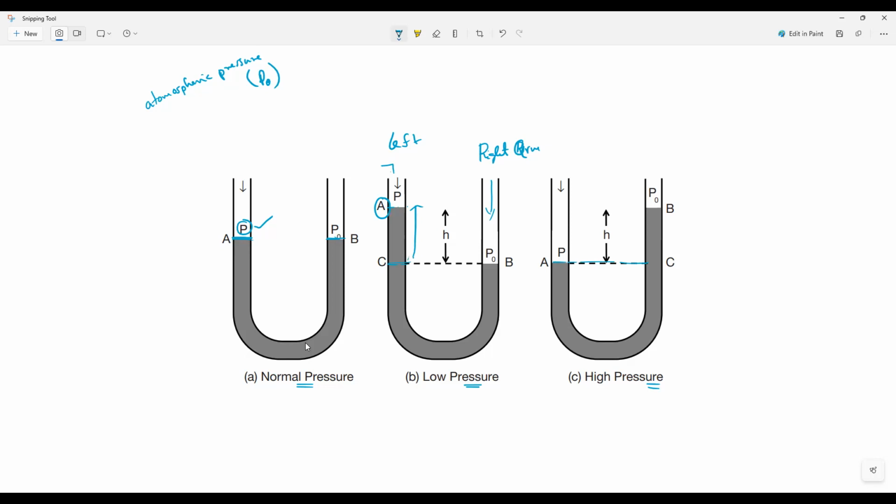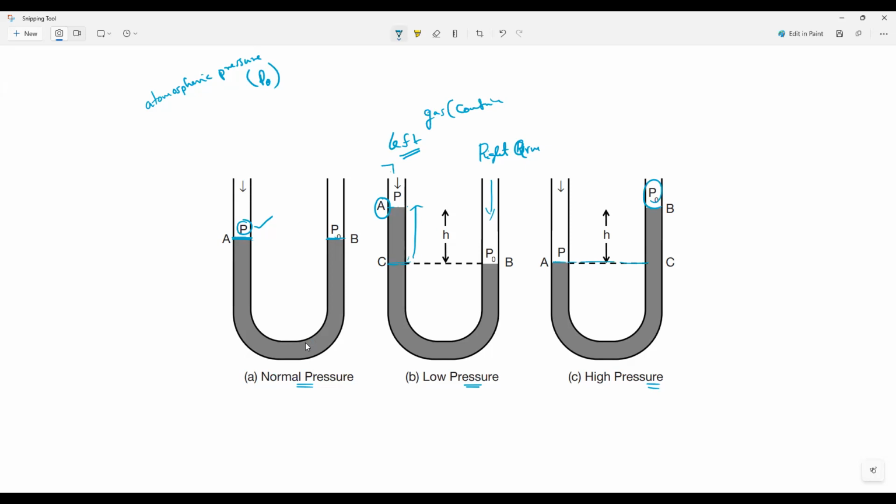If it is more than that, then the gas pressure is greater. If this pressure is less, then atmospheric pressure is greater than the gas pressure. That is what it is saying.